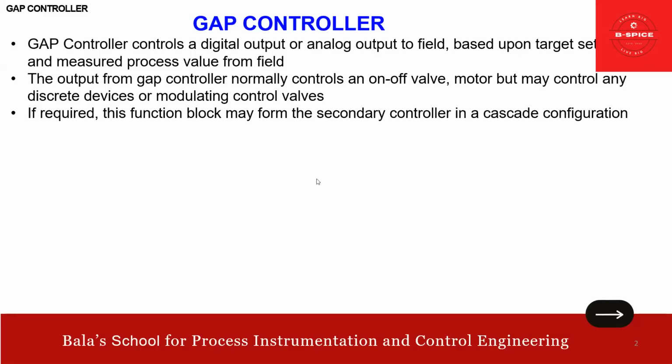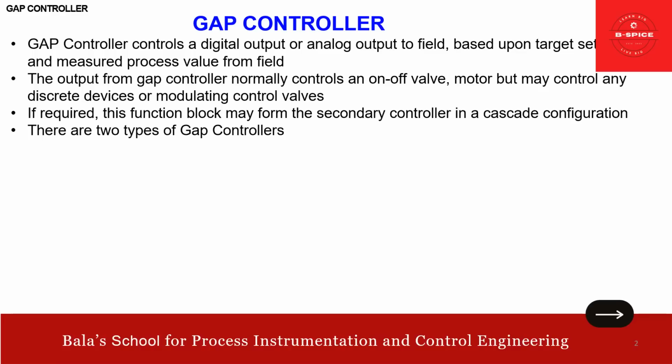If required, this function block may form the secondary controller in a cascade configuration. That is why I told you to watch the cascade session. You will understand what the secondary controller is and what the primary is. This is a brief outline about the gap controller.